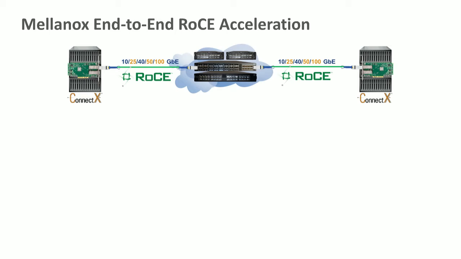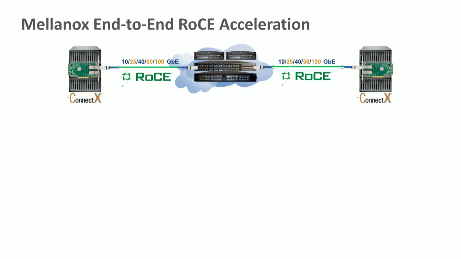And Mellanox, with years of experience in InfiniBand and HPC, or high-performance computing, has the most mature RoCE solution and delivers the best performance. The Mellanox network adapter cards in DataON servers do hardware RoCE for acceleration as well as CPU offload, which yields a significant improvement in application performance and server utilization.